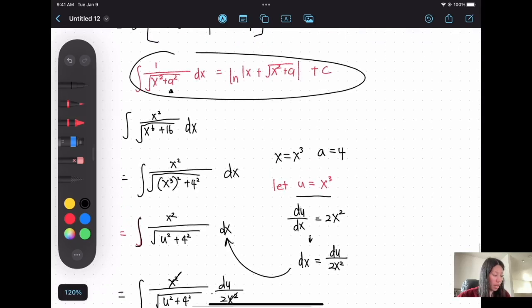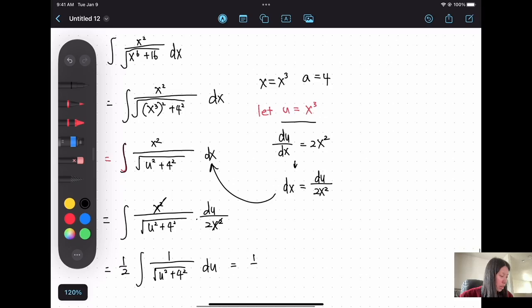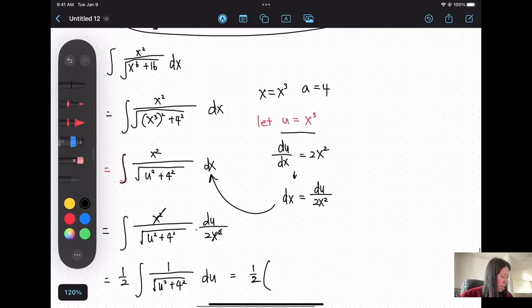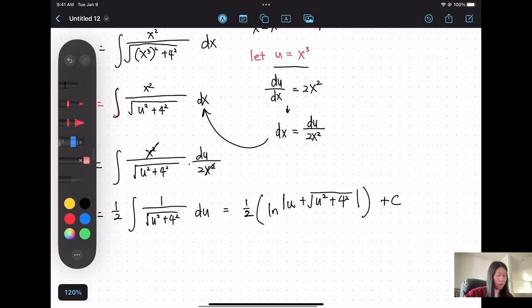Which means I can apply this formula now. Our x equals u, and a is equal to 4. Don't forget to multiply by the constant outside. So this is equal to that constant times ln absolute value of u plus the square root of u squared plus 4 squared, and then plus the constant term c. But this is not done.